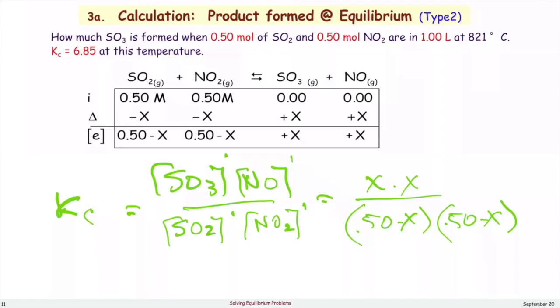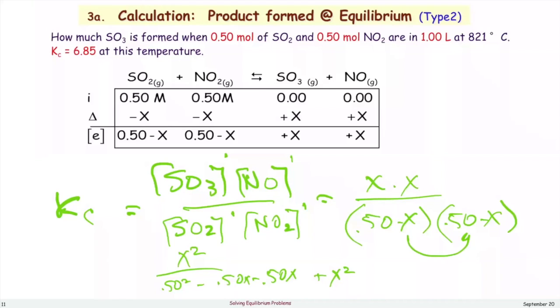If you want to solve this through the brute force way, then this would be x squared, and this would be 0.50 squared minus 0.50x. Basically, just multiplying these two terms plus x squared. So you have to multiply these two terms out.